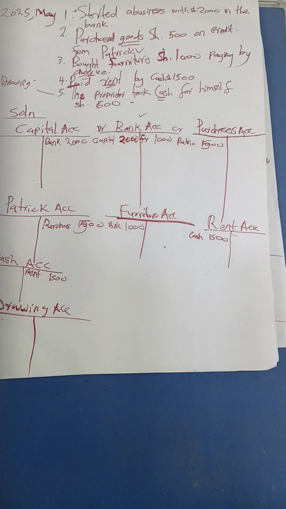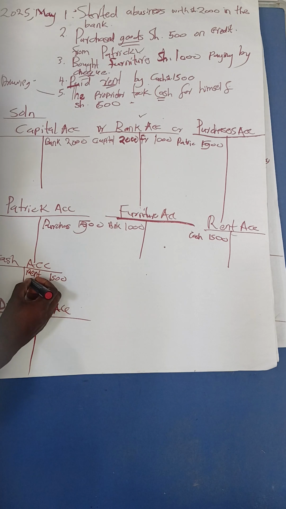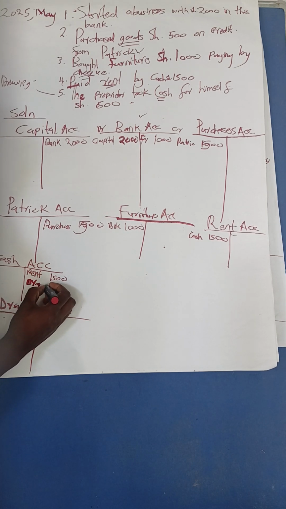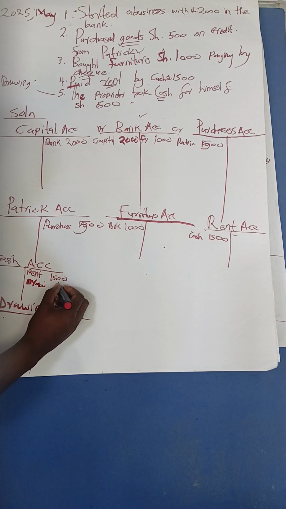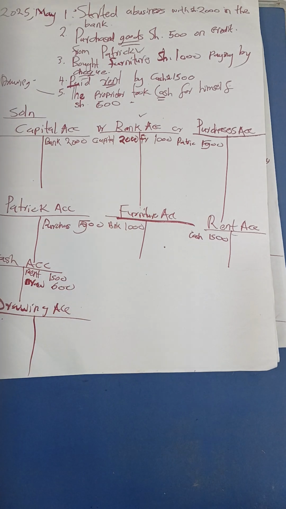So that is the drawing account. Now, when you took cash from business, meaning the cash reduced, you'll come and write here drawings, how much? You took 600. Then drawings is like an expense. When they increase, you do what? You will debit.